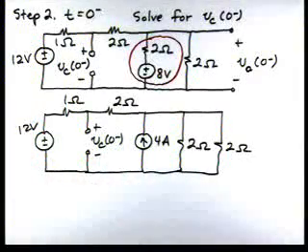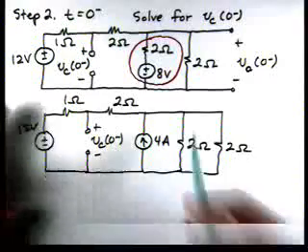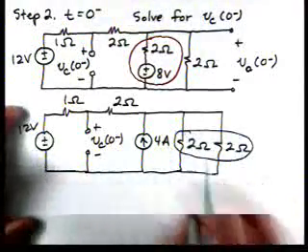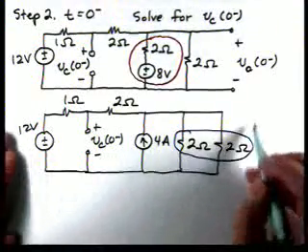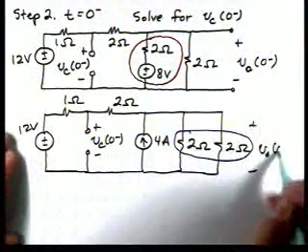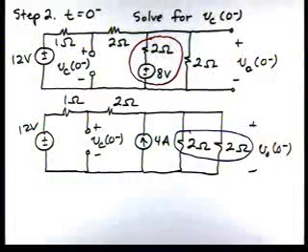Now, let's take these two resistors and combine them in parallel. And we know that two 2-ohm resistors in parallel will give us a 1-ohm resistor. And for the time being, we can just keep in mind our variable V0 out there.